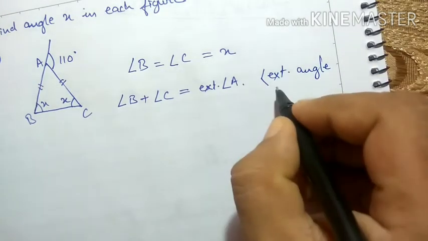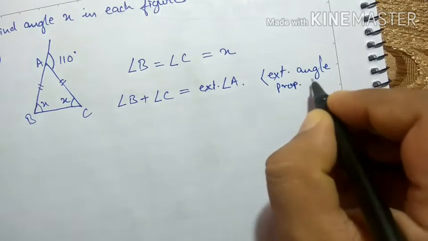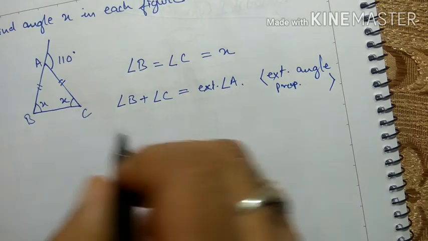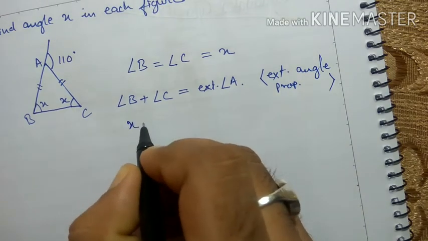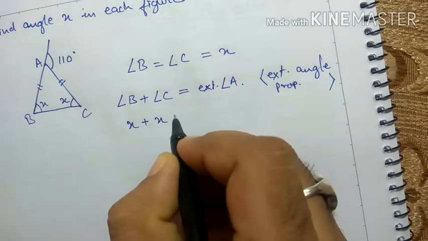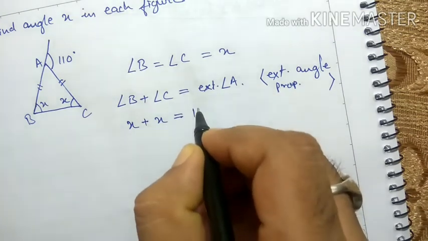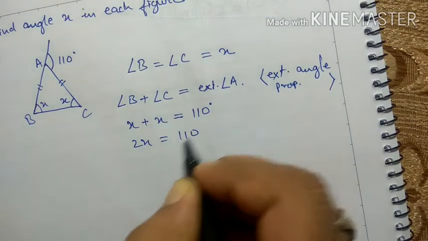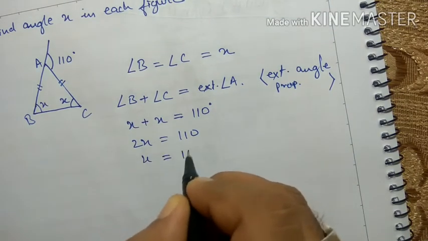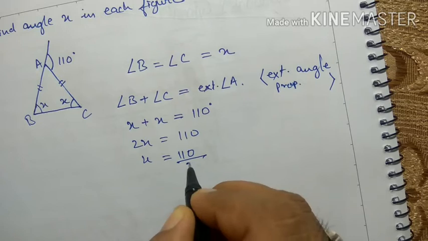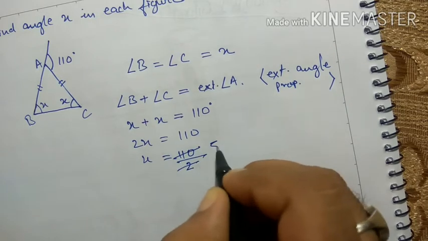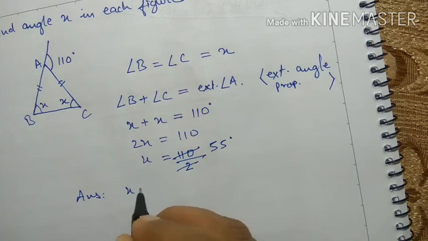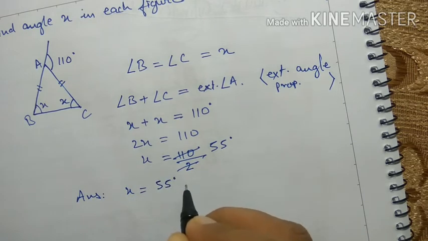So angle B is x plus angle C is also x, which equals the exterior angle 110 degrees. So 2x is equal to 110 and x is equal to 110 upon 2, which is 55 degrees. So the answer is x equals 55 degrees.